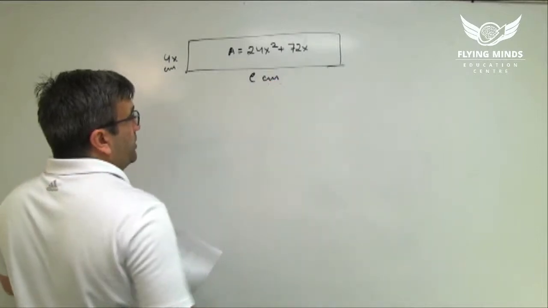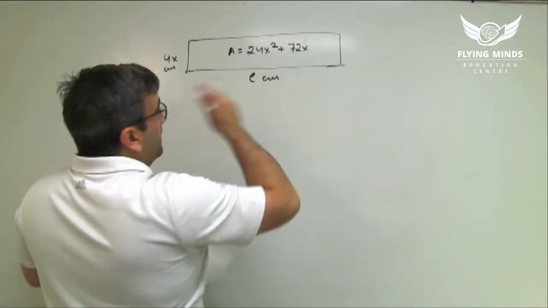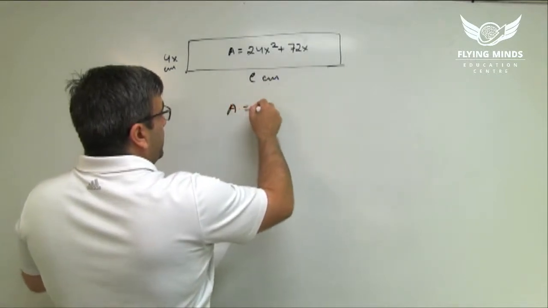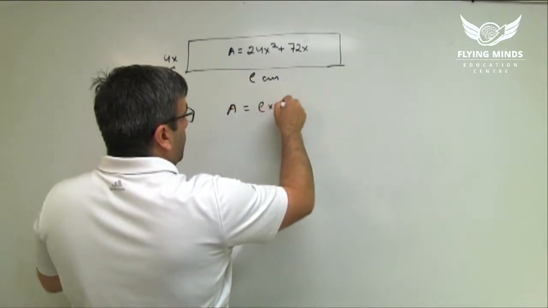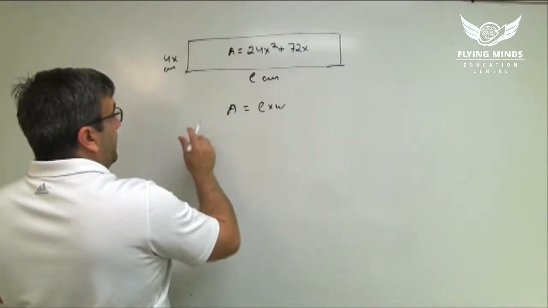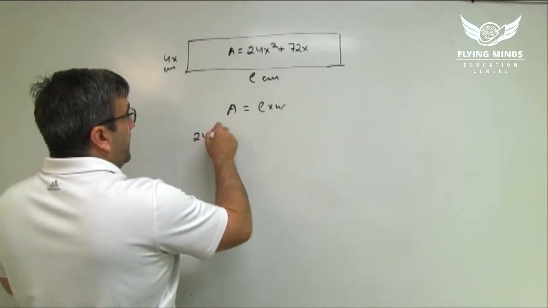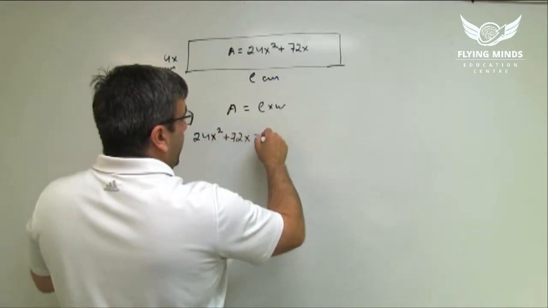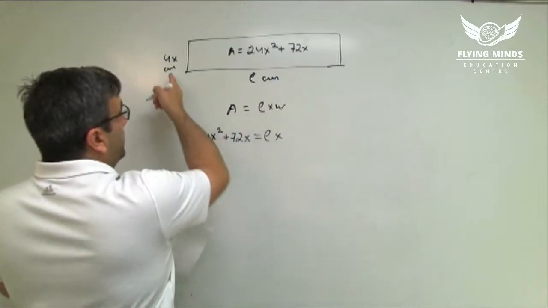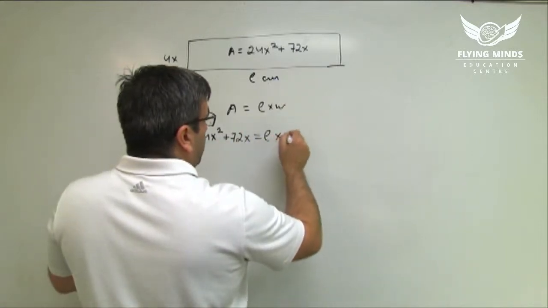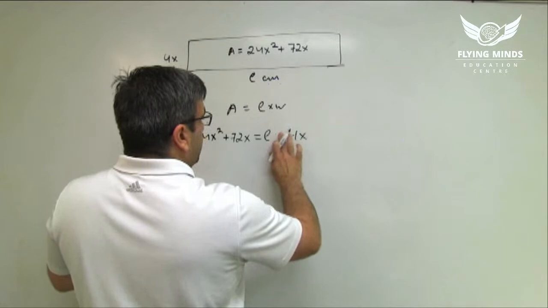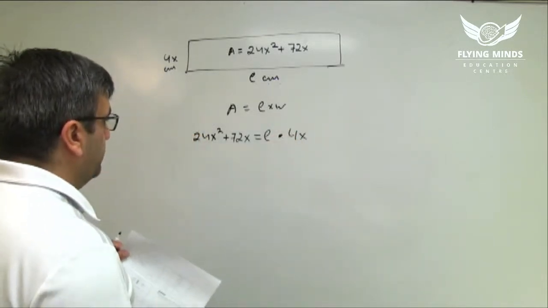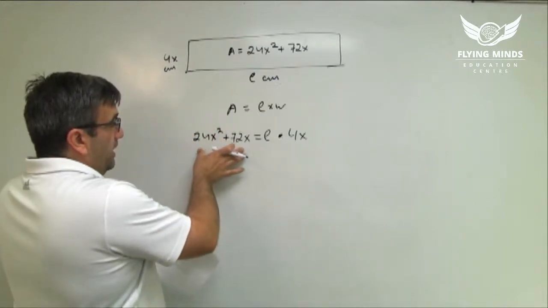We need to find an expression for L. Okay. So area is length times width, right? Area equals 24x squared plus 72x equals L times width, which is 4x. Let me change so we don't have confusion.